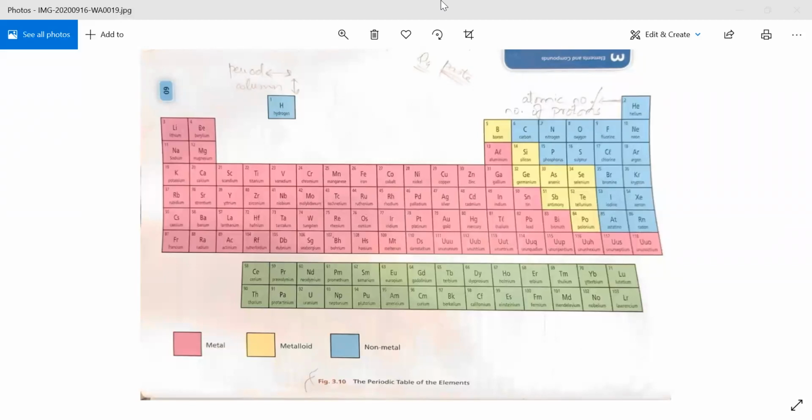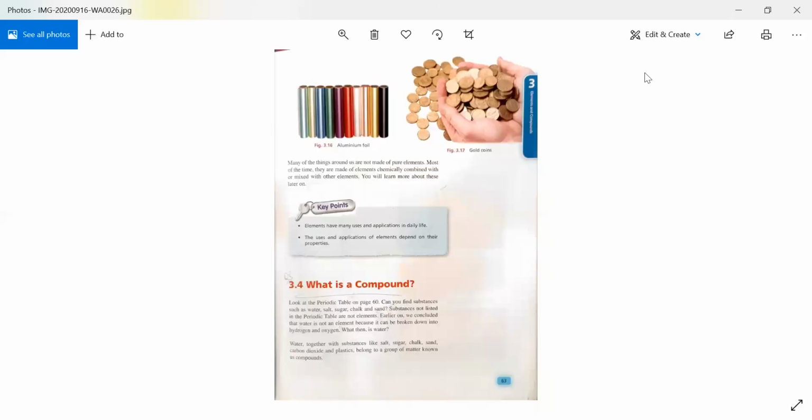And what are compounds? When we chemically combine or mix two or more elements together, they form compounds. So we can conclude that water, salt, chalk, and sugar are not elements. They are compounds. And that is why we cannot identify them in the category of elements, because obviously they are made of more than one element.